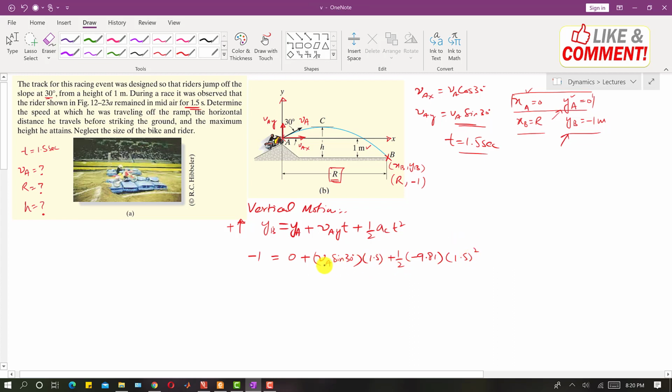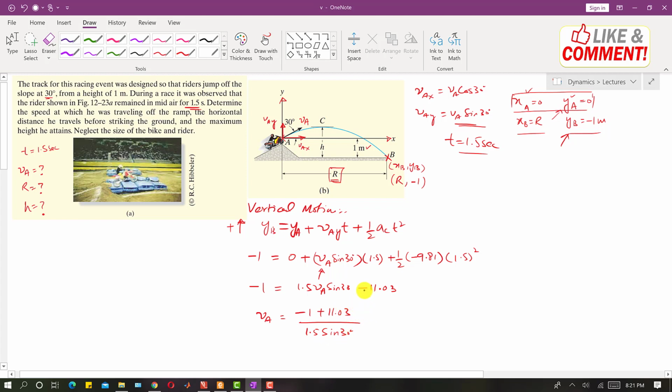In this equation only VA is unknown, so this will give us VA. So -1 equals 1.5 VA sin 30 degrees, and this comes out to be -11.03, and we can simplify this. So VA will be equal to -1 plus 11.03 divided by 1.5 sin 30 degrees.